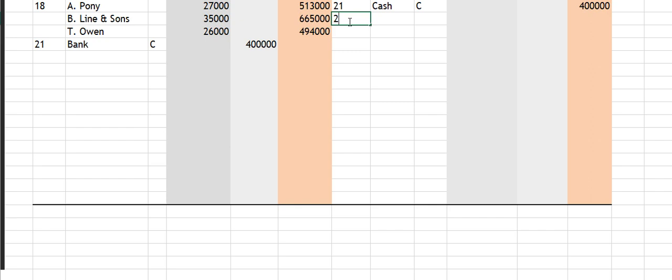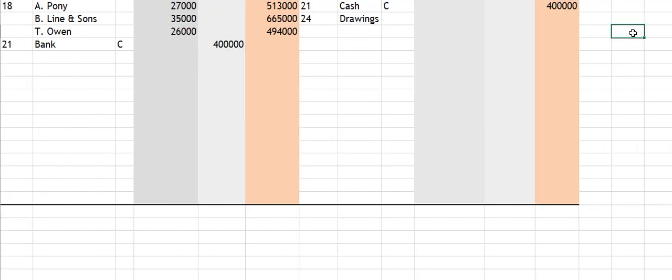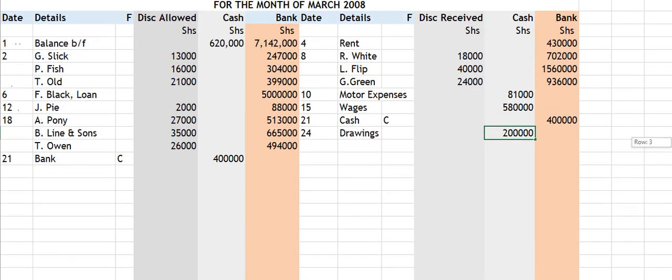In the details we write drawings. How much is the drawings? 200,000. So you credit your cash book, the cash column, 200,000.